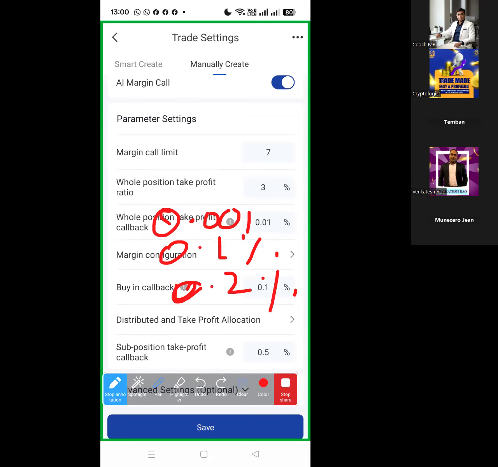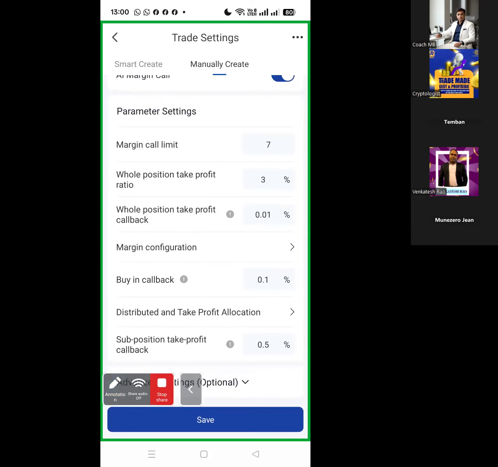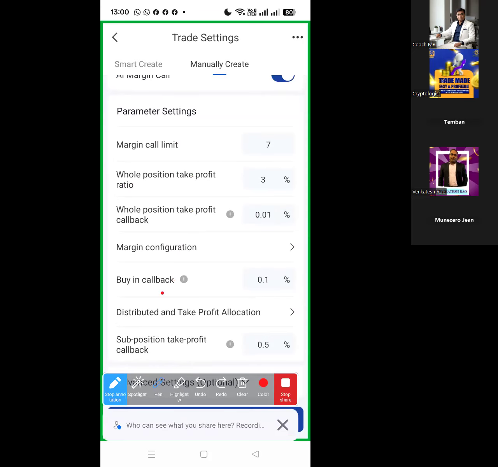Don't make it very small also, unless you want to miss some good profits. So here you see, this is the buy-in callback and this is the take profit callback. And I showed you this is the sub-bin mode take profit, where you can put a different take profit in each and every margin call. And this take profit is also connected to this callback that you put here. You can put a callback here also, right?